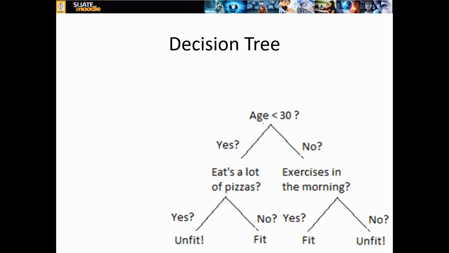For an example, if you check whether age is less than 30, if yes is the answer, you will have to execute this side, that means the left hand side. And if the answer is no, you will have to execute the right hand side, right? So the operations you have to do within your procedure or within your program can be represented using this kind of a decision tree.